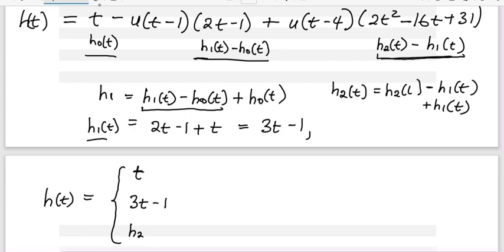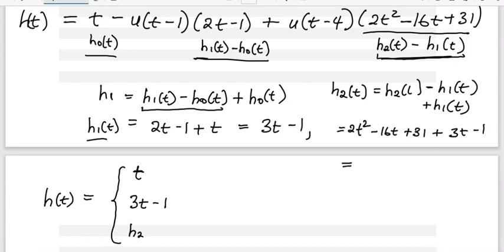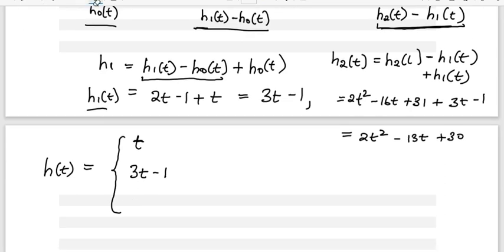So this term here is equal to this term here, so this will give us 2t squared minus 16t plus 31 plus our h1 of t, which is 3t minus 1, and this will give us 2t squared minus 13t plus 30, and that we put down here. 2t squared minus 13t plus 30.